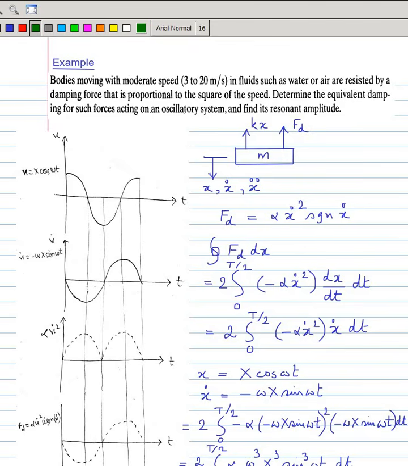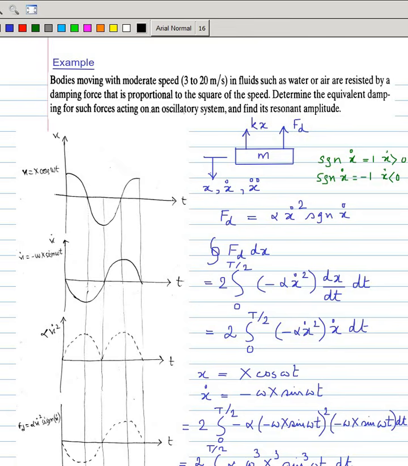The damping force is in this direction, and the damping force is alpha x dot square sign x dot. Sign x dot is equal to 1 for x dot greater than or equal to 0, and sign x dot is equal to minus 1 for x dot less than 0. So this is the sign x dot.